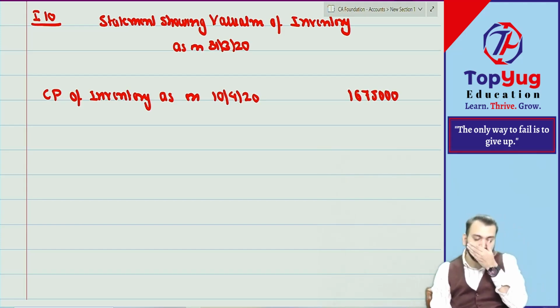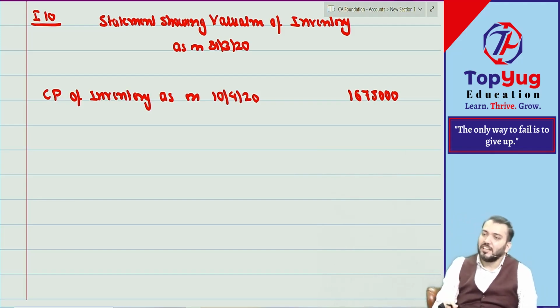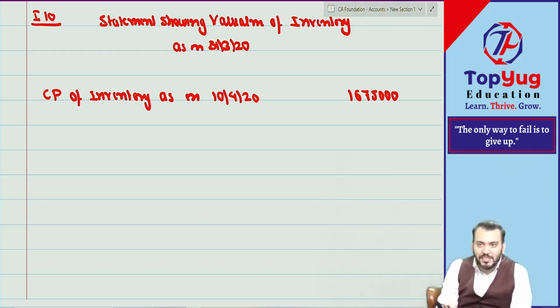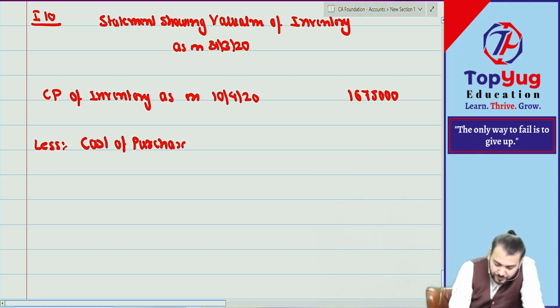Understood? Any purchase done after 31st March will be added or deducted? Deducted. Write down: less cost of purchase from 1st April to 10th April.